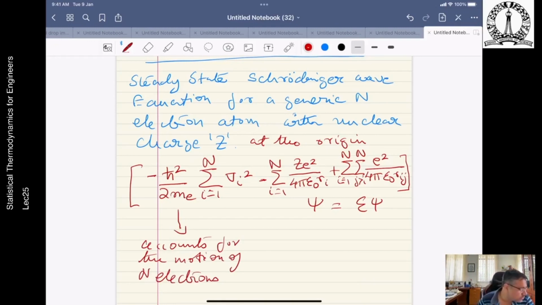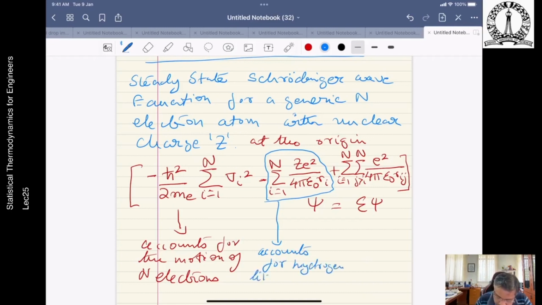The second term accounts for hydrogen-like interaction between proton and electron.